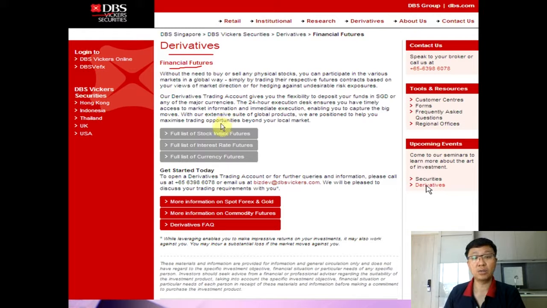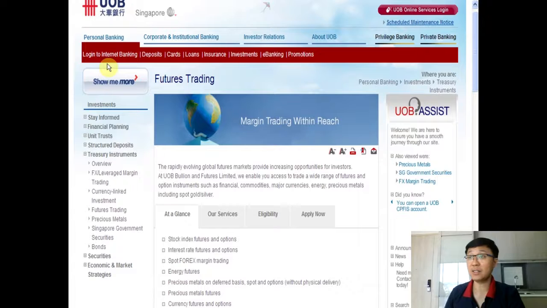You can look at spot forex, gold price, commodity futures. They are all over the place. Other local banks like UOB also do futures trading, so there you can again find some of the services or products that are available.